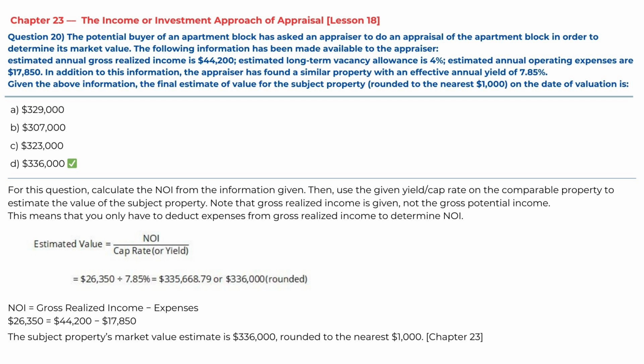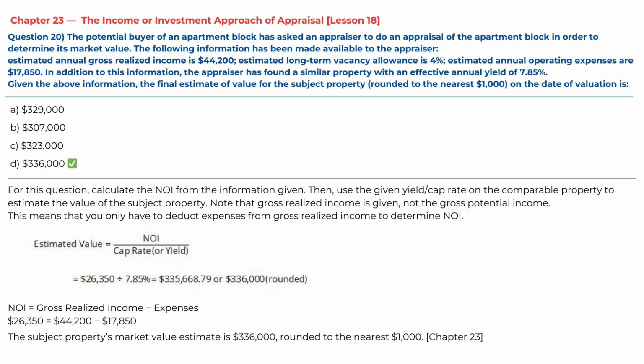Question 20. The potential buyer of an apartment block has asked an appraiser to do an appraisal of the apartment block in order to determine its market value. The following information has been made available to the appraiser. Estimated annual gross realized income is $44,200. Estimated long-term vacancy allowance is 4%. Estimated annual operating expenses are $17,850.